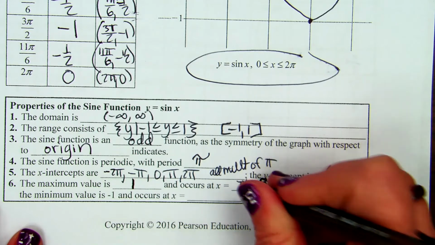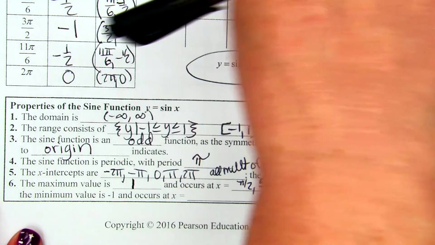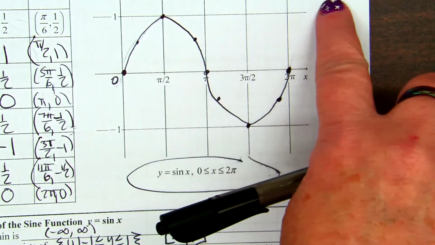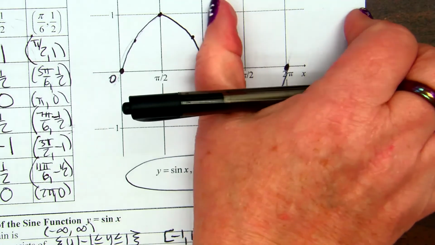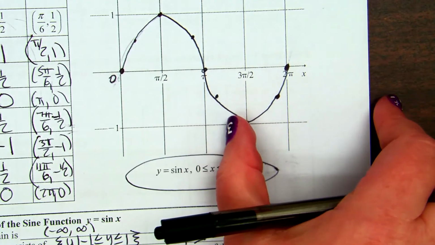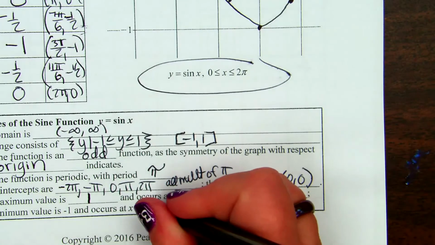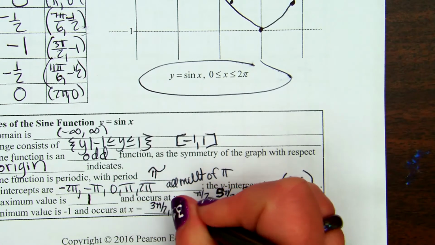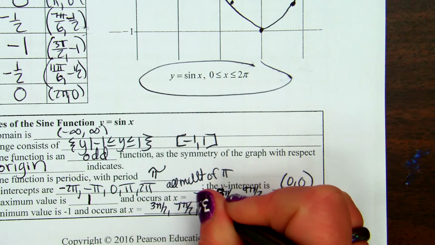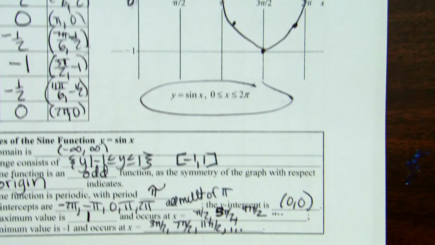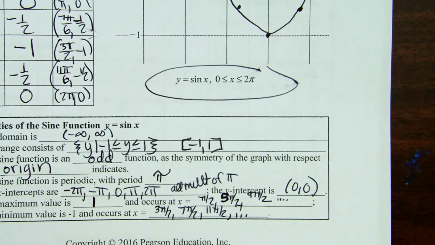Every 2 pi. You have to add 2 pi to it because the period is from maximum to maximum. From maximum to the next maximum is 2 pi. From the minimum to the minimum is 2 pi because it's a period away. So these are at 3 pi over 2, 7 pi over 2, 11 pi over 2. So that's the sine graph and the information about it.